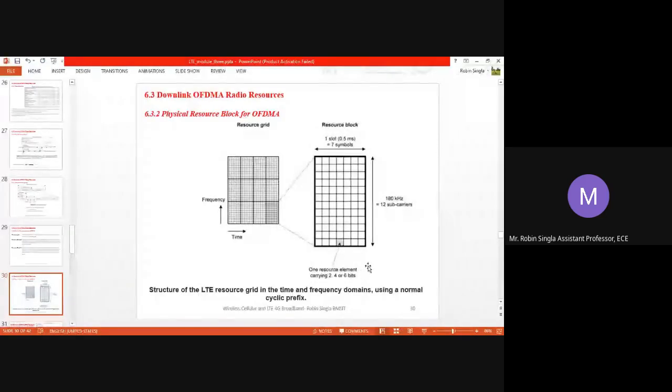Okay, and how are these resource grid, resource block and resource element defined? So this axis is your time, and the size of this axis is one slot. One slot is 0.5 millisecond.